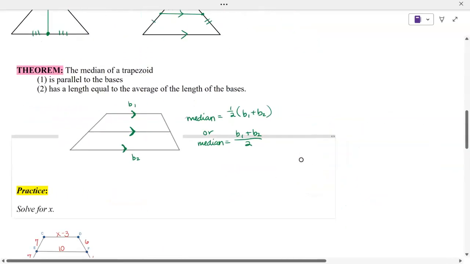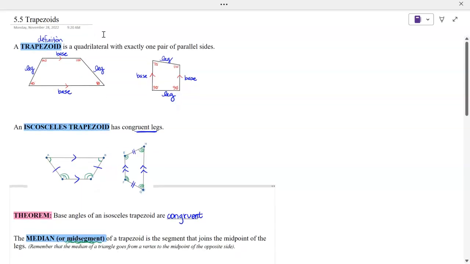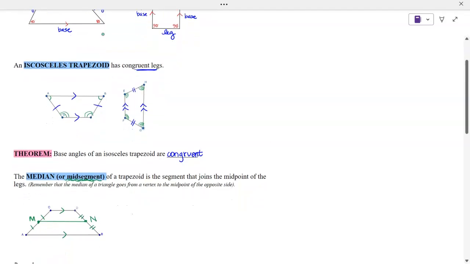So we did go over a few things today about trapezoids. First, by definition, they are a quadrilateral with exactly one pair of parallel sides, which means that a trapezoid is not a parallelogram. We also learned that an isosceles trapezoid, by definition, has congruent legs. And then we learned a theorem that the base angles of an isosceles trapezoid are congruent.